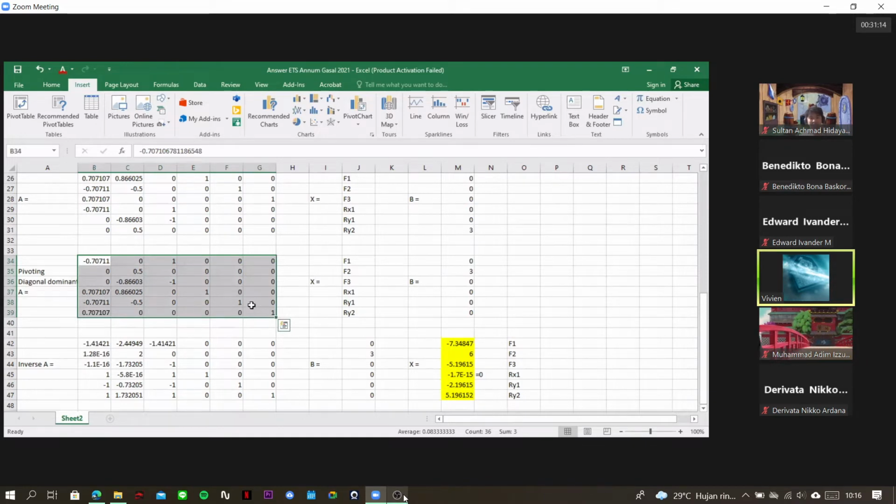Sometimes you will end up with no solution if the diagonal element contains 0. I noticed that some of you had difficulty doing elimination, because this is not a diagonal dominant matrix. Okay, so I think that will be the explanation for the assignment.